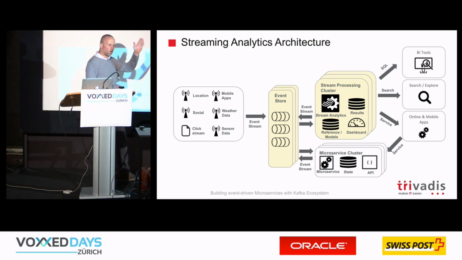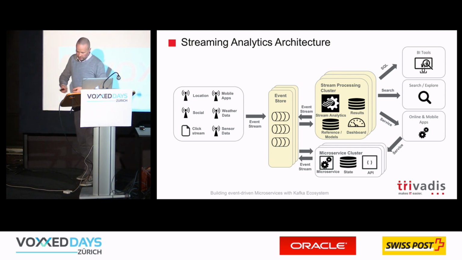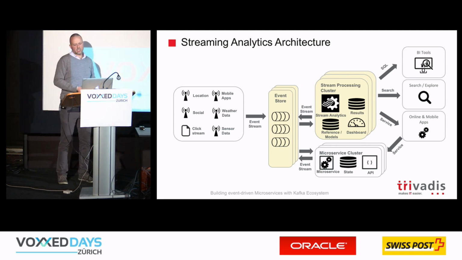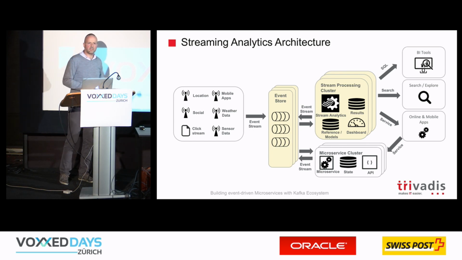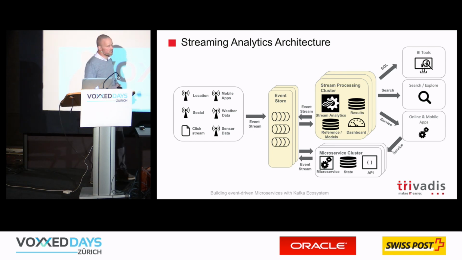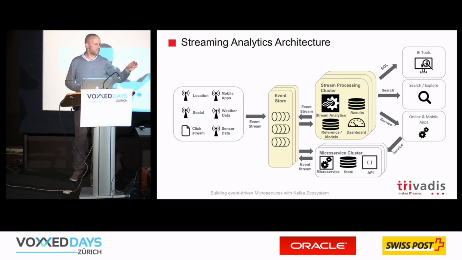Because you have a consistent flow of events coming in, and if you want to do a moving average over 3 minutes, then a streaming analytics system makes it much easier to implement that functionality.